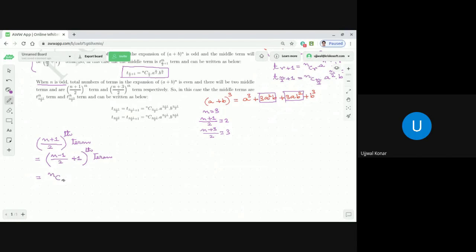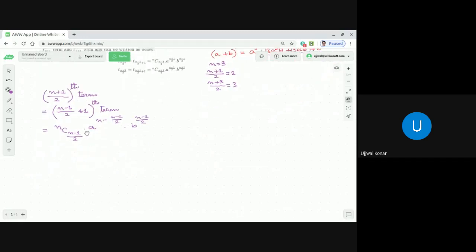So what it should be? nC(n-1)/2 into a^((n-1)/2) into b^((n-1)/2). Correct or not? If anyone is facing difficulty understanding, please do let me know. It is quite straightforward.